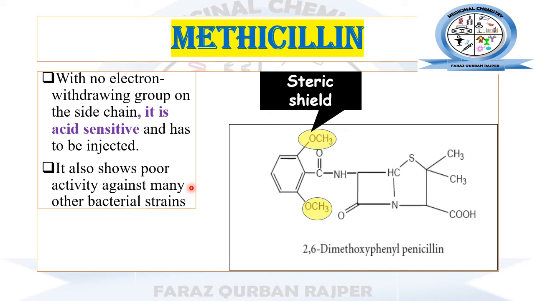If you recall our previous slides, we have already studied that for making penicillin stable to gastric acid, it must have an electron withdrawing group in the acyl amino side chain. But there is no electron withdrawing group present in methicillin. So that's why it is acid sensitive, but it is resistant towards beta-lactamase, or what we call the penicillinase enzyme.